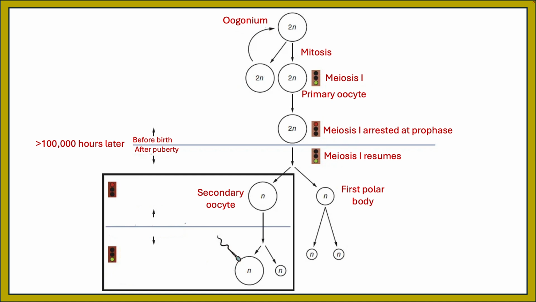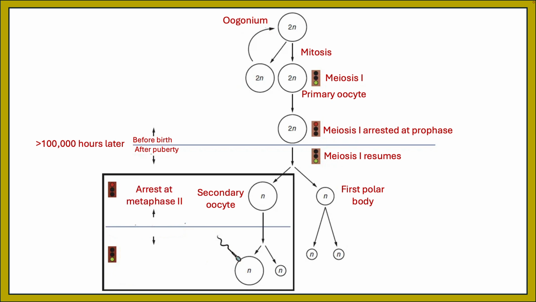One cell is going to go on to produce the final oocyte that is going to be the egg that gets fertilized. The other one is known as a first polar body. This is because the division is uneven.